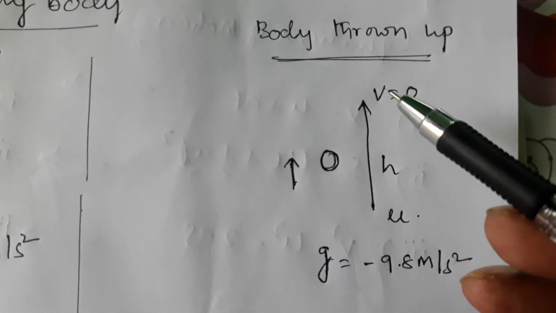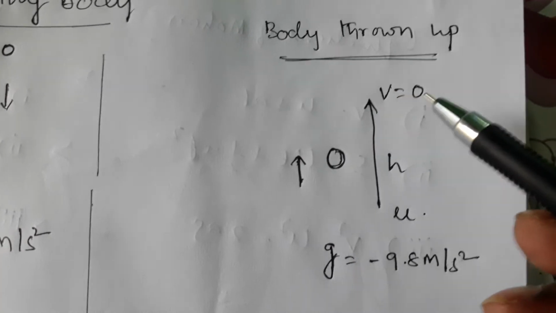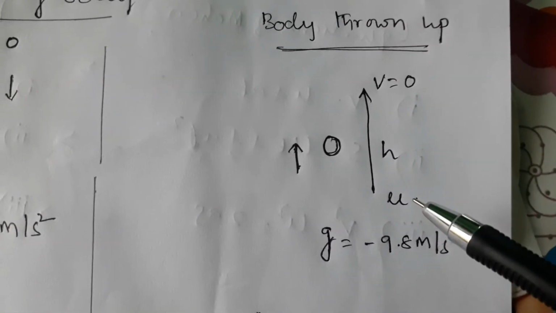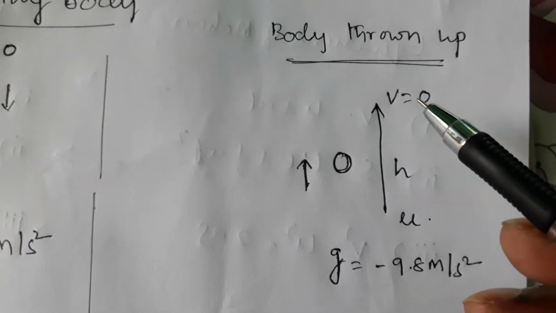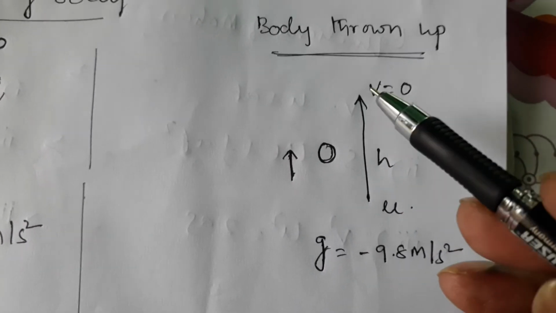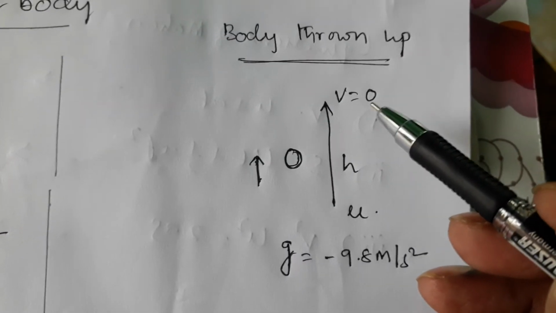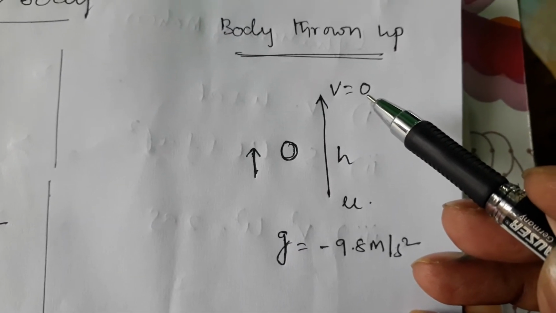At maximum height the velocity becomes 0. Always at the top velocity is 0. Then only it will fall down.